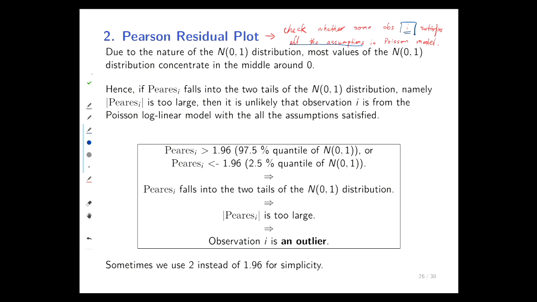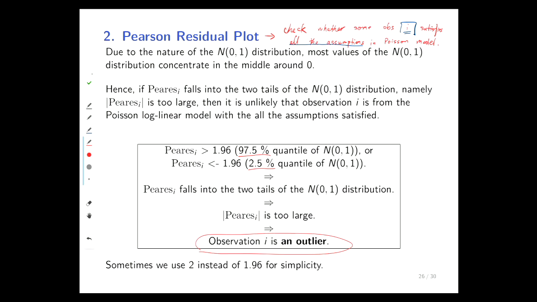And you can have a look if the Pearson residual is larger than the 97.5% quantile or smaller than the 2.5% quantile of the standard normal distribution. In that case, this Pearson residual falls into the 2 tails of the normal distribution, but if we consider the normal distribution concentrated in the middle. So in this case, those i's are outliers.